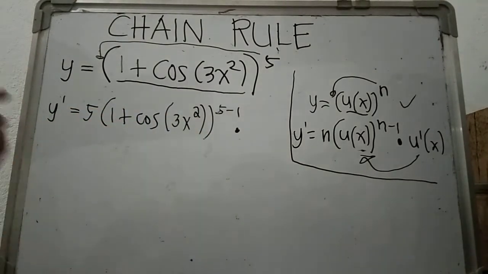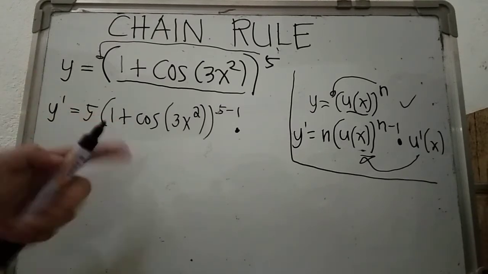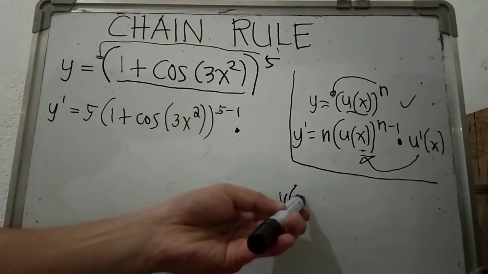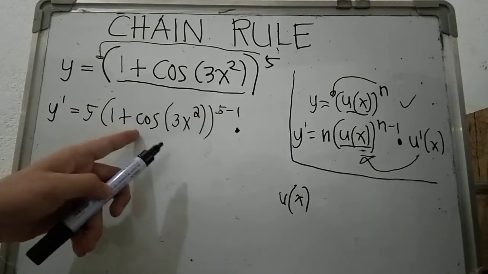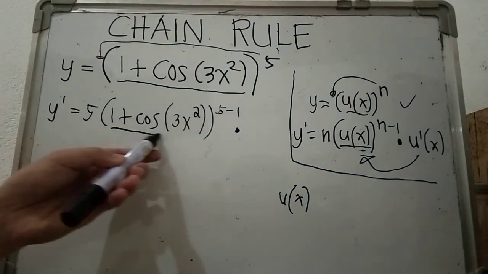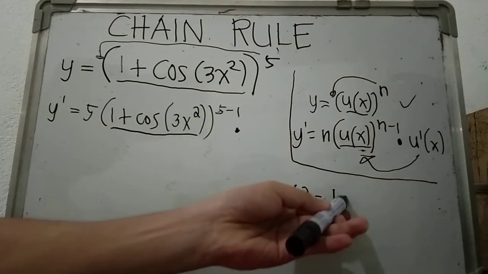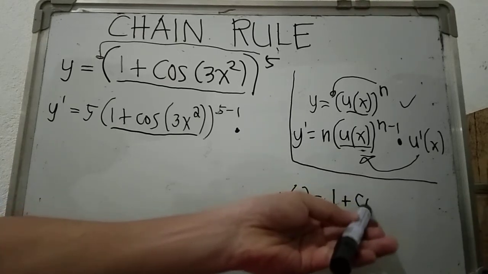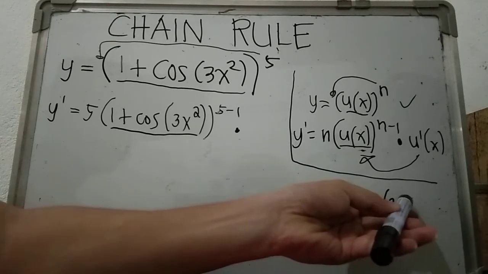Now, what is the derivative of 1? That is actually 0. So if you write that on a separate sheet of paper, our u of x, the one inside the parentheses, is 1 plus cosine 3x squared.